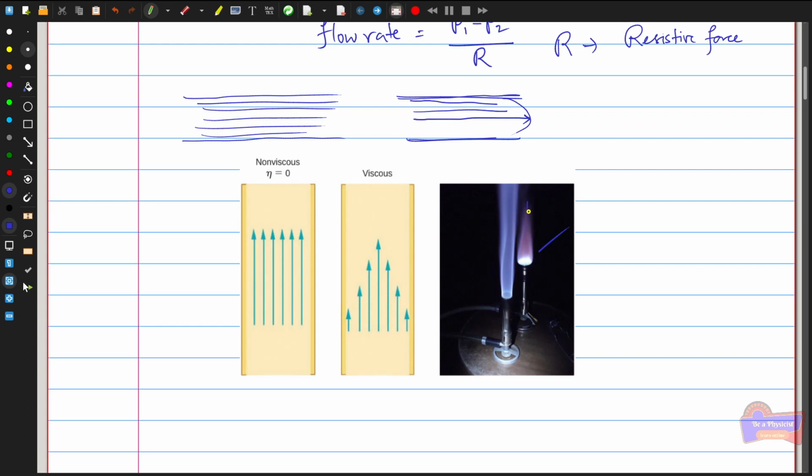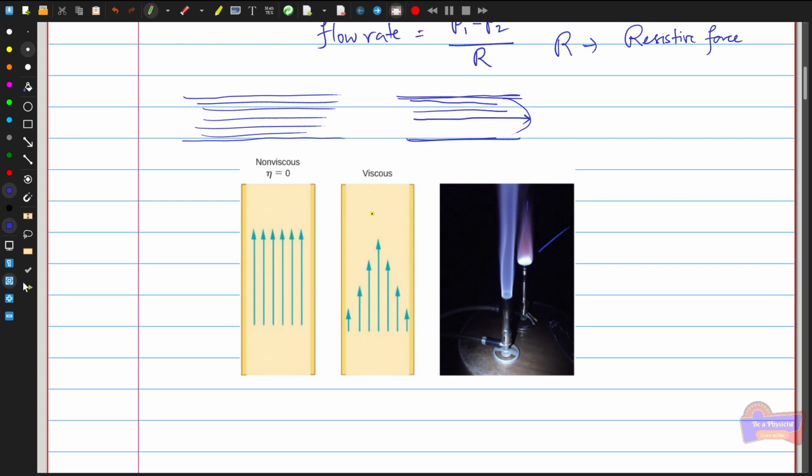The velocity is high at the midpoint, and as you move away from it you can see the parabolic structure. Whereas the non-viscous fluid flowing through the tube is uniform in all directions. So this is the best example for viscous and non-viscous flow of fluids.